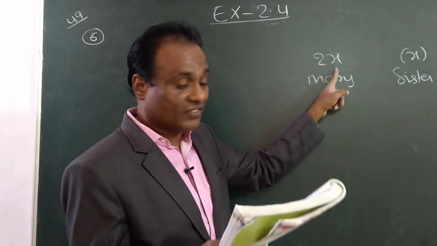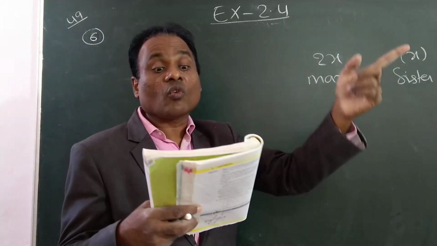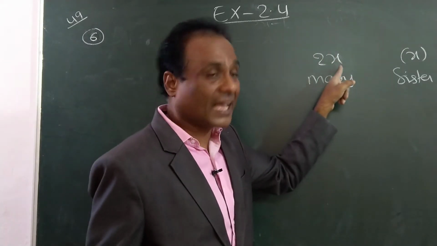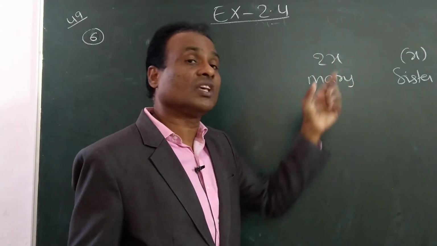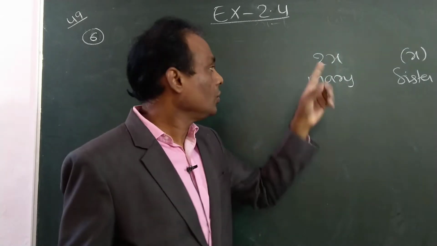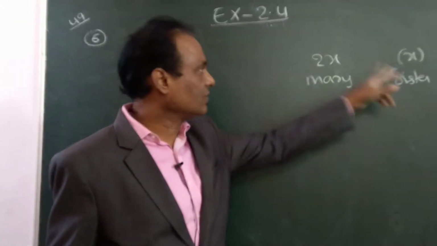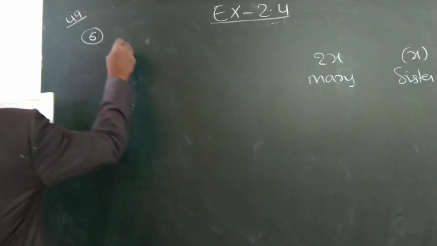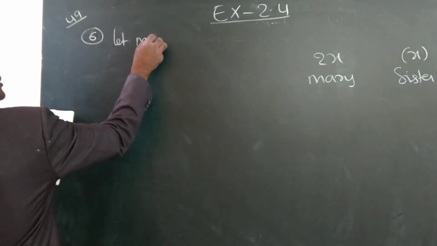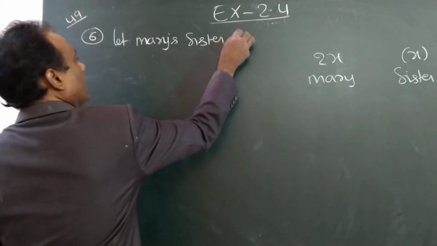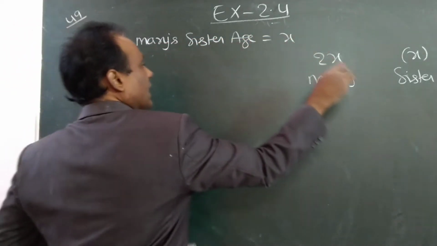What is Mary's age then? Mary is twice older than her sister. Twice means 2 times, thrice means 3 times. So 2 times this age, that is 2x. Write down: let the sister's age be x.